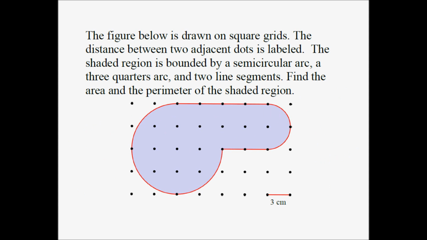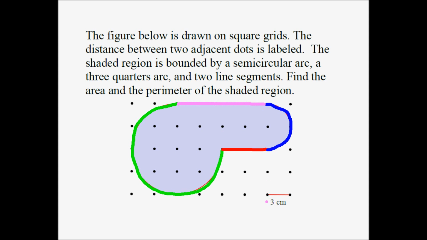Let's go ahead and find the perimeter of this shape. The perimeter should include this part in green, this part in red, and this semicircular arc in blue, and this line segment or straight line in pink.